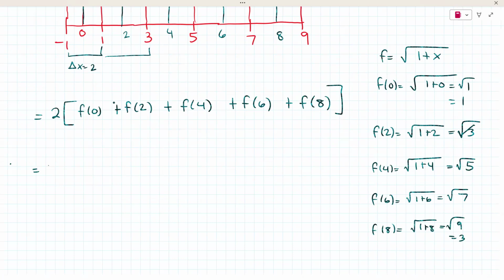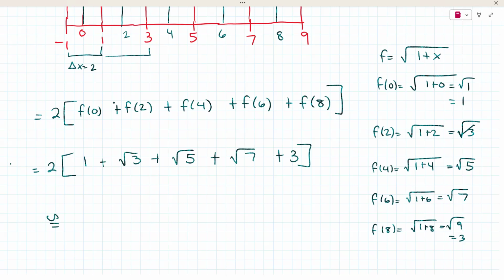Okay, so it's going to be f of 0 is 1, f of 2 is radical 3, f of 4 is radical 5, f of 6 is radical 7, f of 8 is 3. And when you put it all together, you should get 21.28. Okay, next is trapezoid.